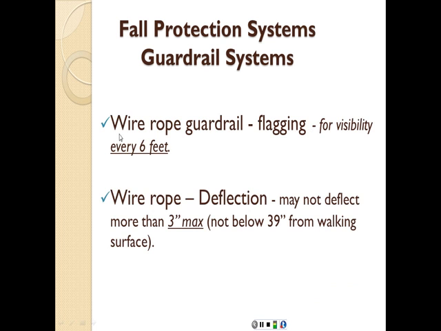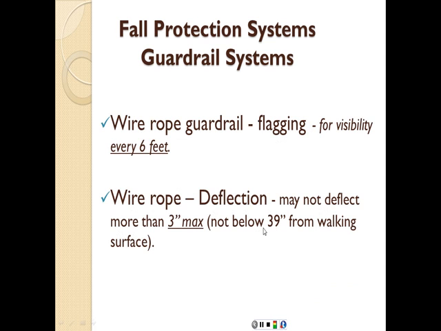If you're going to use wire rope guardrail, can this be used? It can, because it can provide the 200-pound resistance, but you have to flag it, because it's not going to be as clearly visible as a 2x4, for example, so you have to flag it for visibility every 6 feet. The wire rope may not deflect more than 3 inches maximum, so not below the 39 inches.